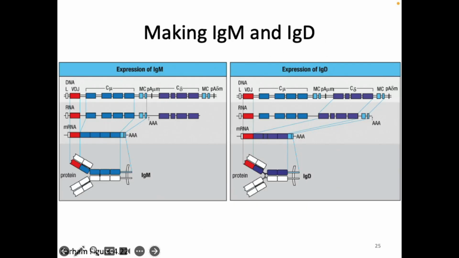Recall that IgM and IgD come from the same RNA transcript. So at the beginning of transcription at this locus, we include both the IgM and the IgD sections and can switch between them by splicing the RNA.